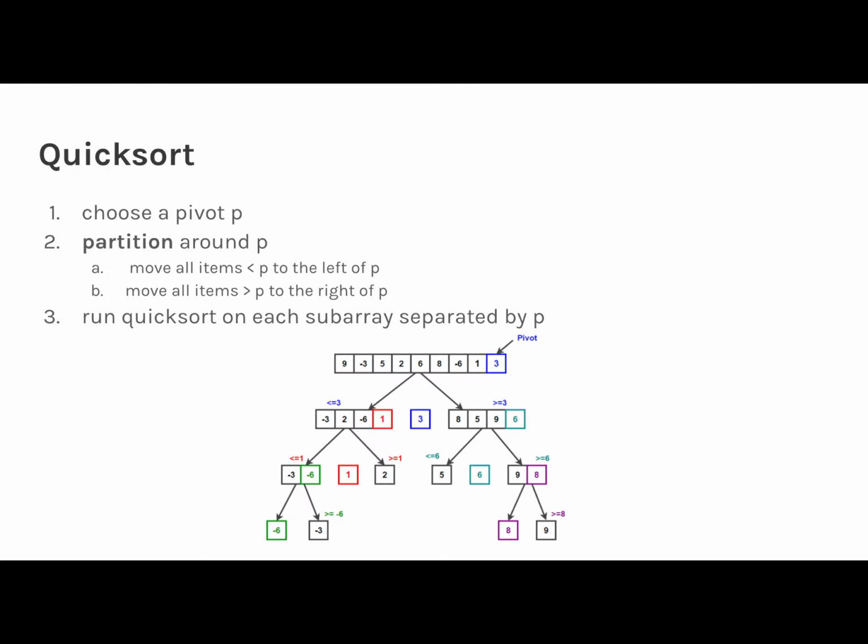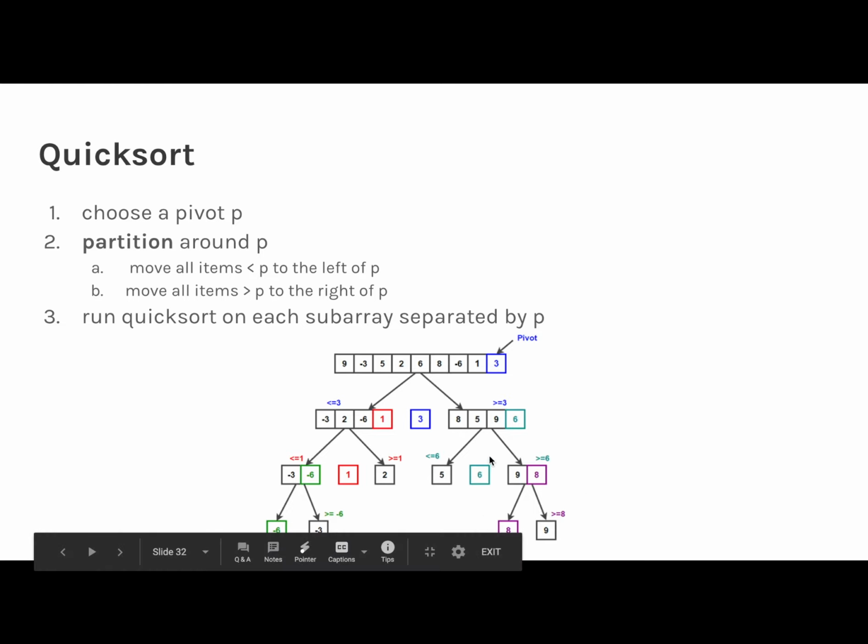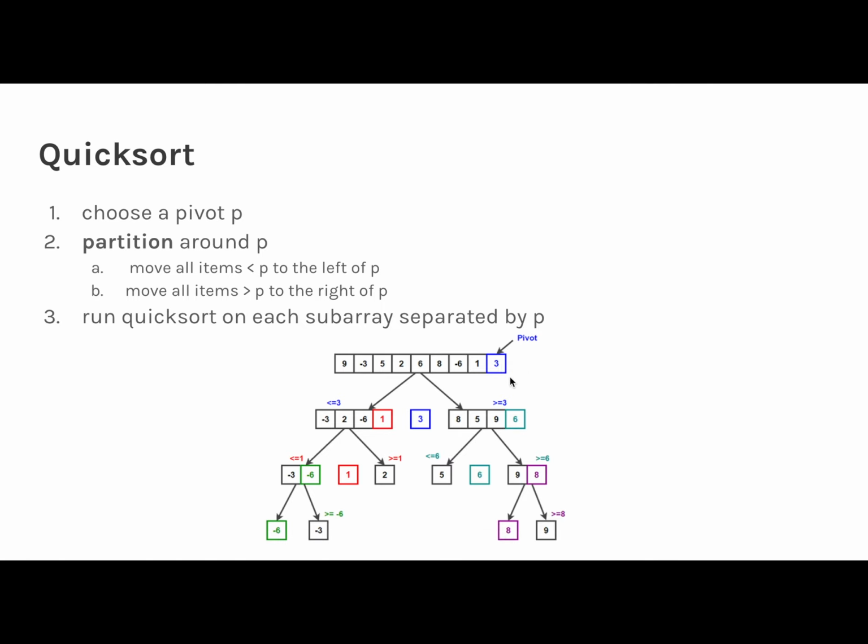Okay, let's move on to the second divide and conquer algorithm, which is quicksort. With quicksort, instead of dividing the array perfectly in half, we're going to choose a pivot. In this tree here, we choose the last element of each subarray to be the pivot. So for example, here the pivot's 3, and then we partition the array around the pivot.